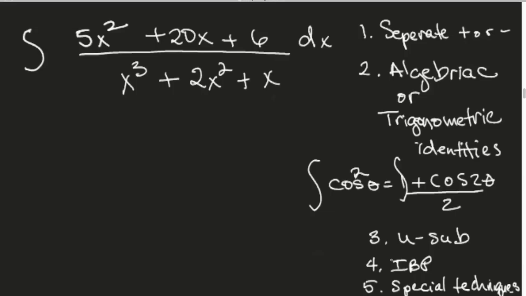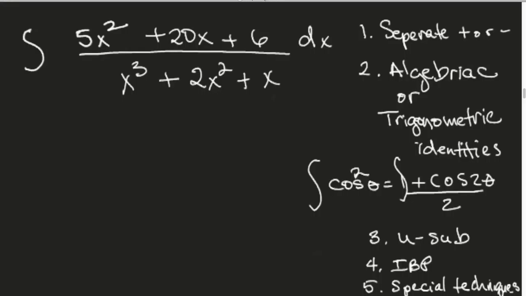So, what's the first step in a partial fractions problem? You factor the bottom. Good. First you can factor out an x from there.